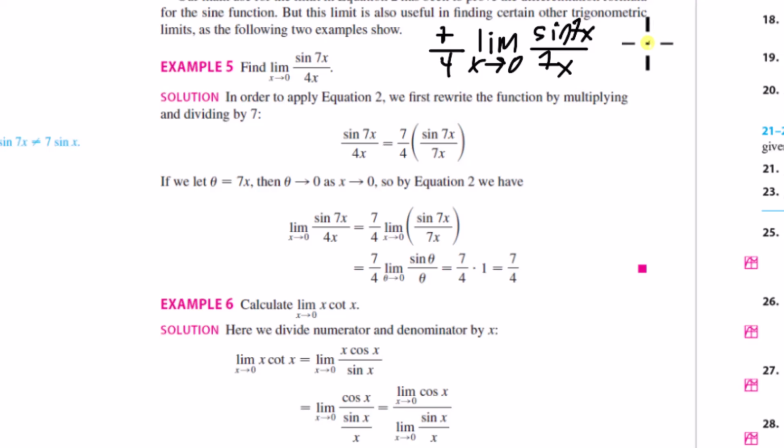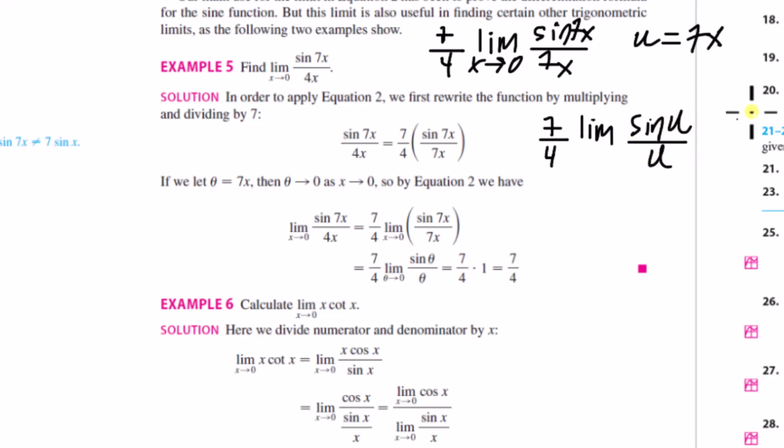All right, so now we're going to make a substitution that u is equal to 7x. So what we've got is 7/4, and then the limit function changes to sine of u over u. But what does u approach now once we make this substitution?